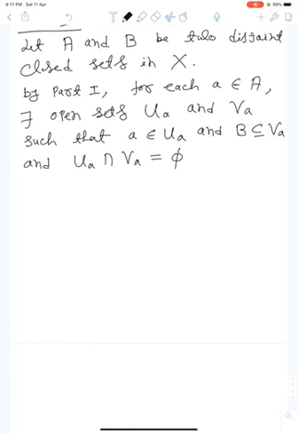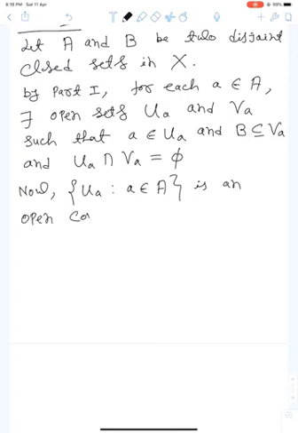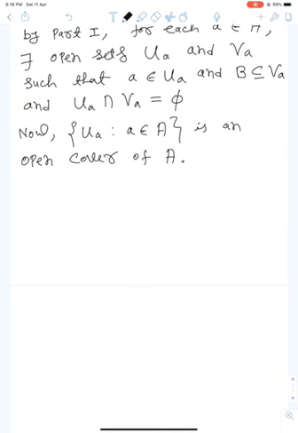Now again, take this collection, right? Now this collection covers A, and also each U_a is open, therefore this is an open cover of A. But again, A is compact. Why? Because A is closed.